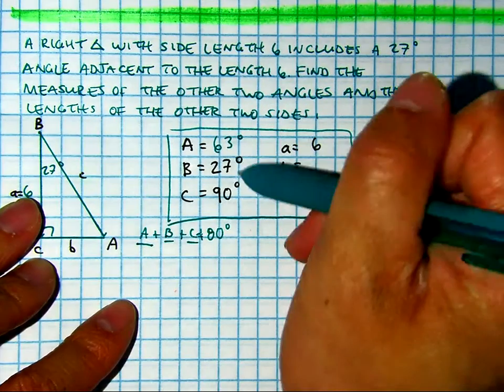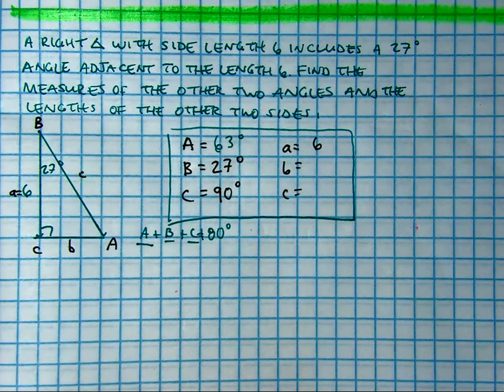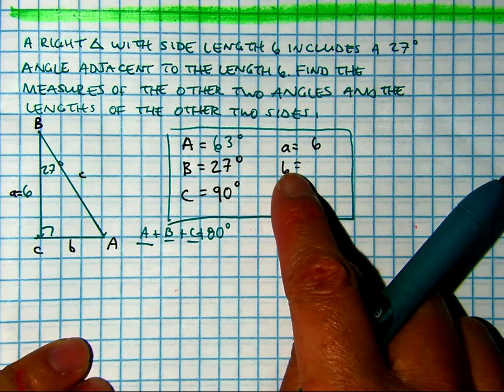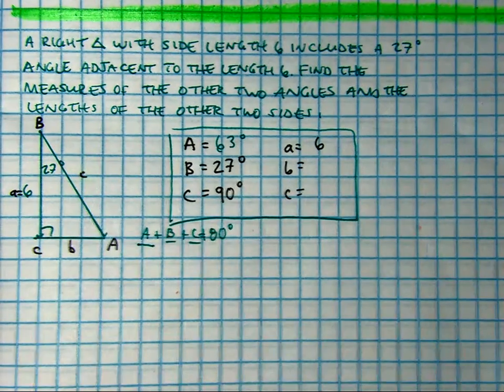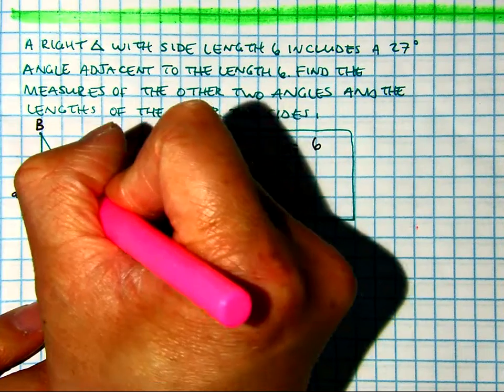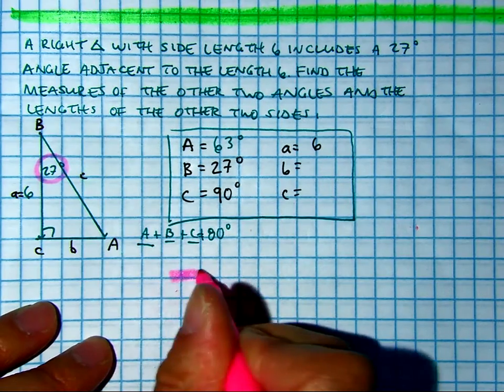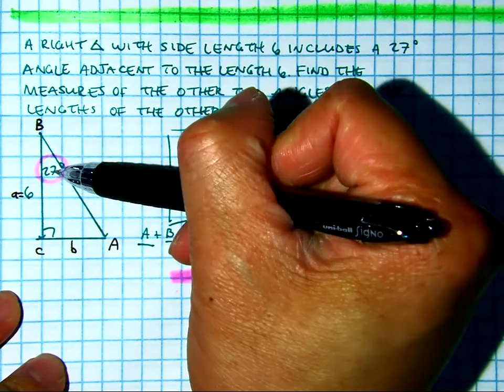Let's solve for now side B. Now, you can solve for side B in a couple of ways. Let's use our given information, which was 27 degrees, and that'll be my starting point. Class, from 27 degrees, if I go across, what side is this called? That is the opposite side.